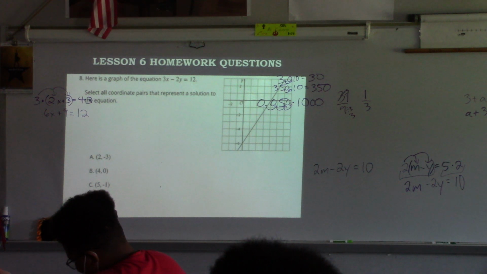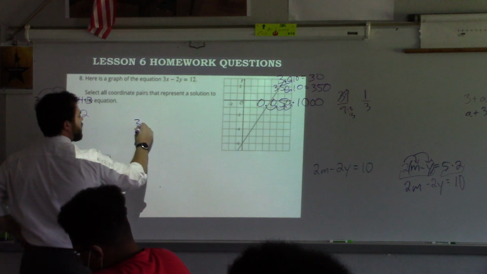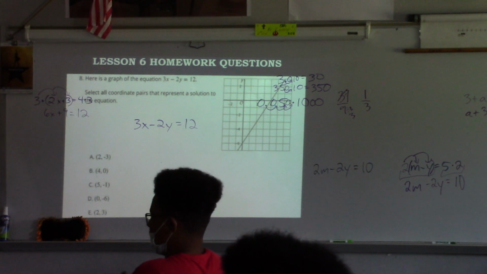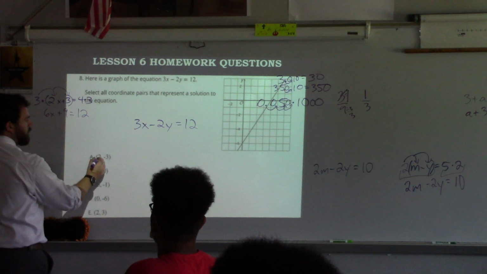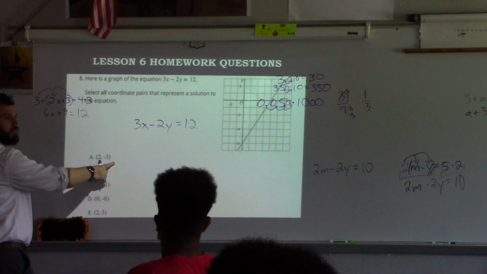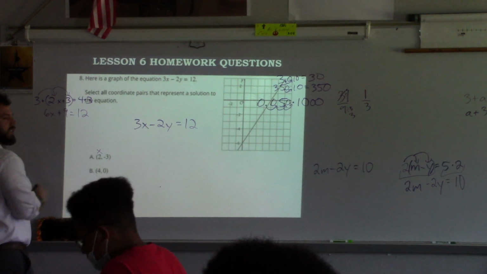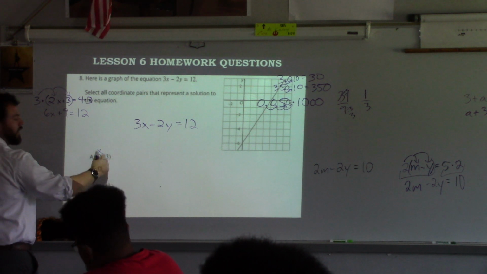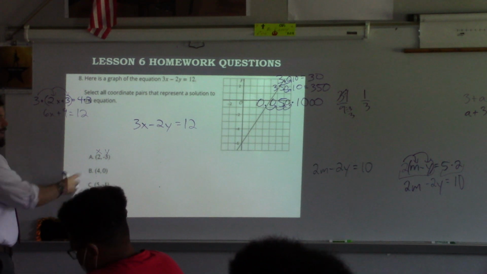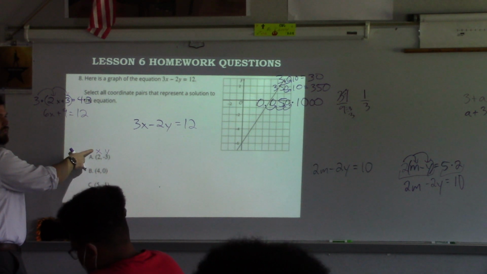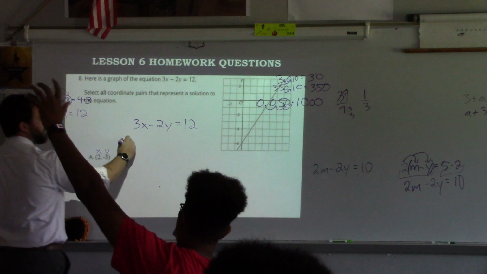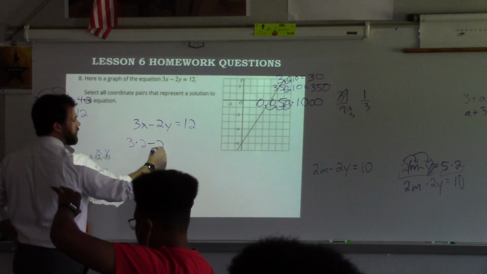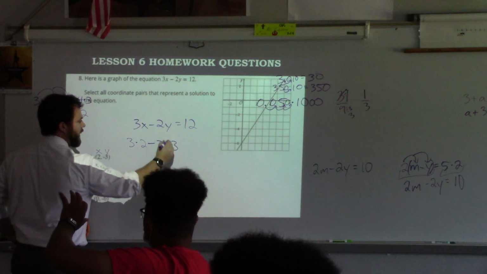I got this equation: 3x minus 2y equals 12. For x I put a 2, for y I put a negative 3. Notice when you have a coordinate pair, 2 in this case is x, my x value, and the second coordinate is my y. So that 2 can take the place of x. So 3 times 2 minus 2 times negative 3.